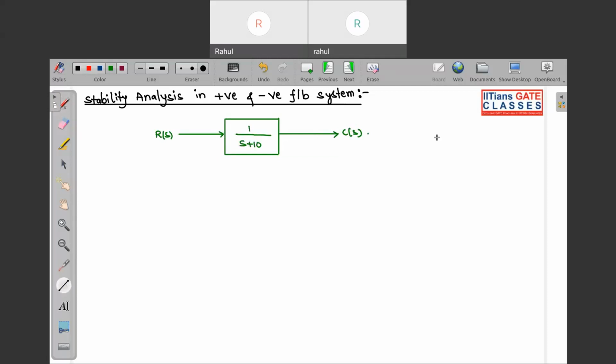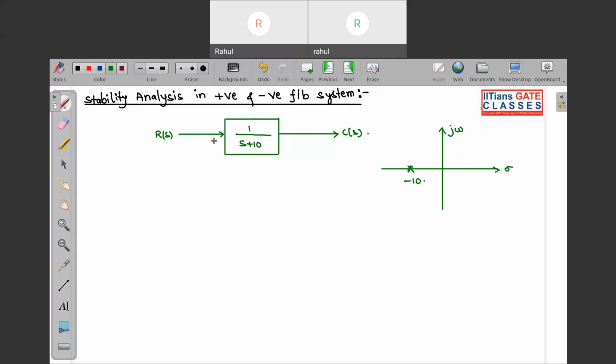If we draw the pole-zero plot, you can see the pole will be at -10. So this is one stable system.